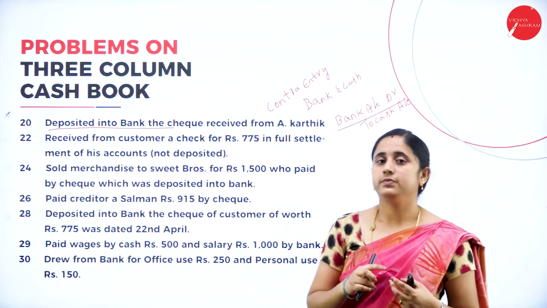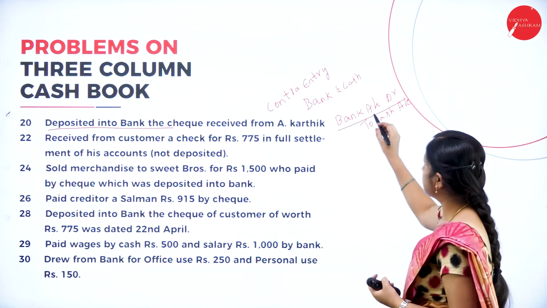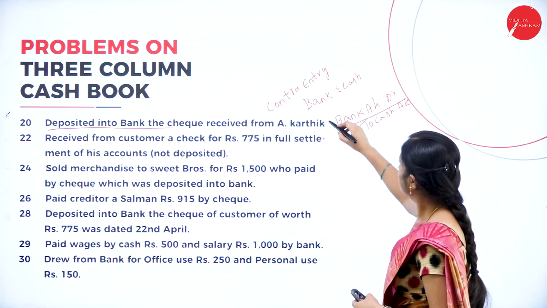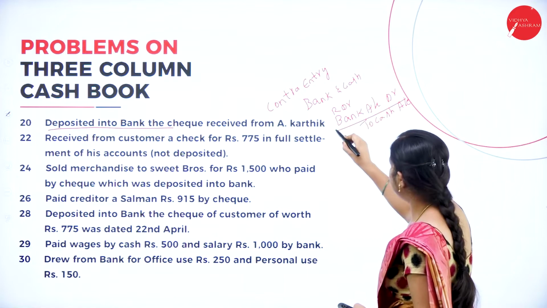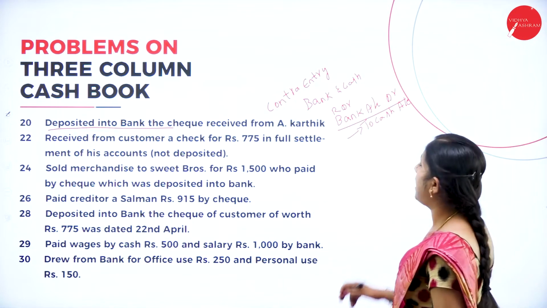We need to record both the cash and bank transactions. First consider the bank. Here the bank is debited, so write on the receipt side or debit side, to cash account.